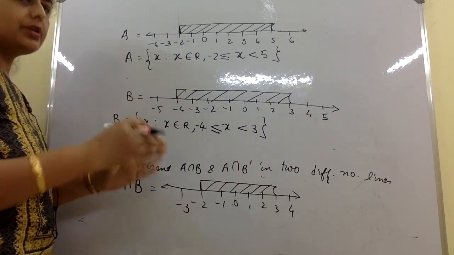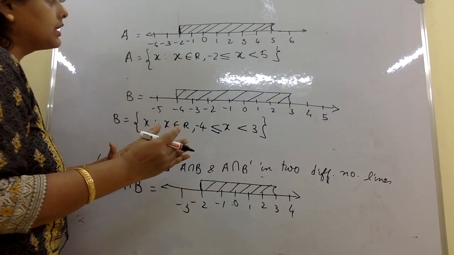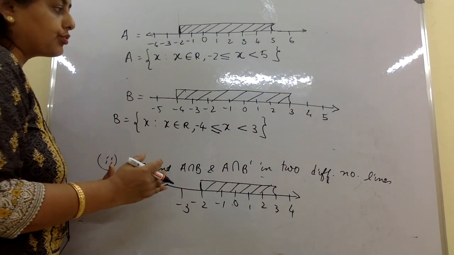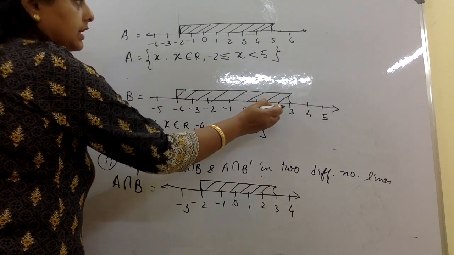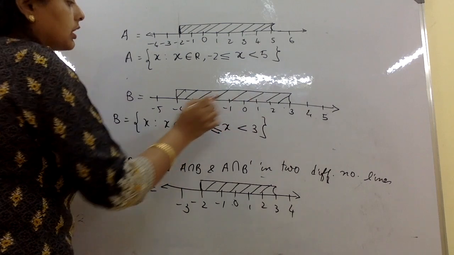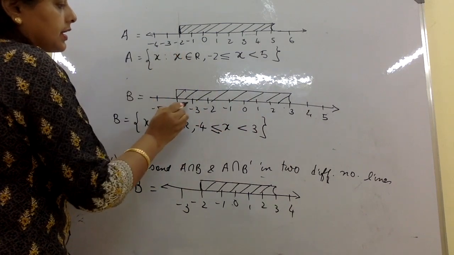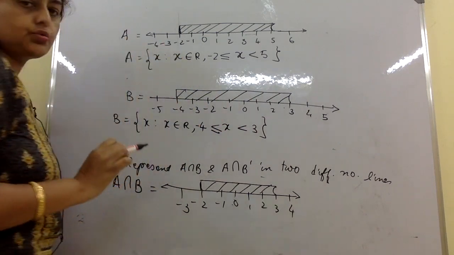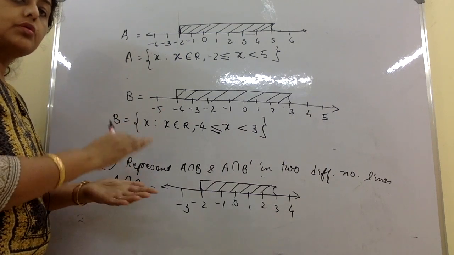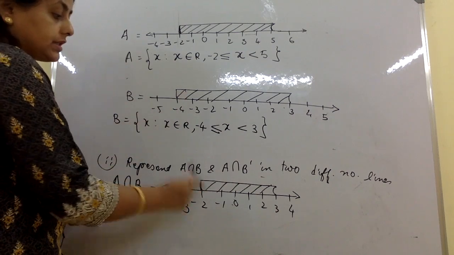So basically whatever is common is always including the minimum of both. Here 3, okay, it ends in 3, cannot take 3 to 5 anymore, and here it begins with also minus 2. So the overlap between these two graphs is taken here.